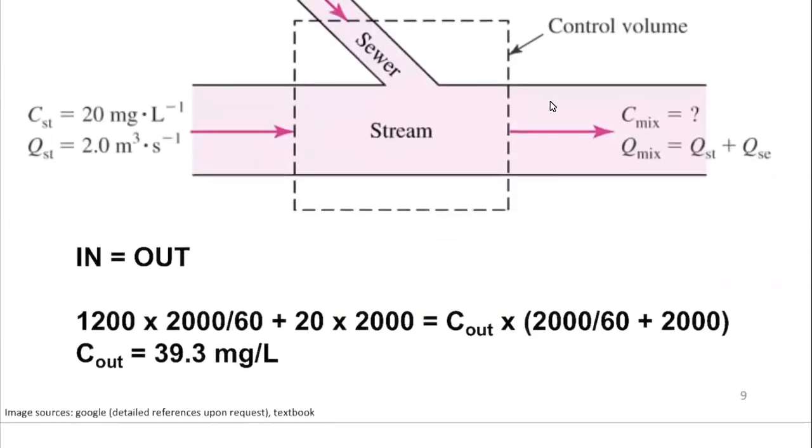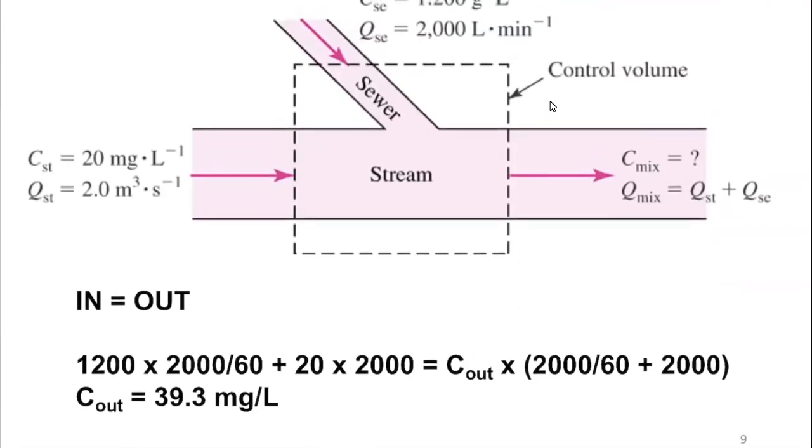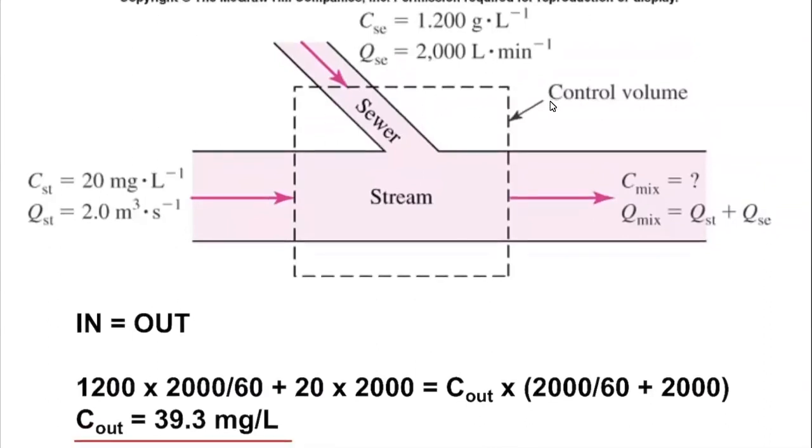So here, I'm just listing out all the parameters, right? This is the equation again. And then by doing the calculation here, you can find that the final concentration is 39.3 milligram per liter, okay? So you can see that by comparing the concentrations, right? We know that for the stream, before the mixing, it is around 20 milligram per liter.